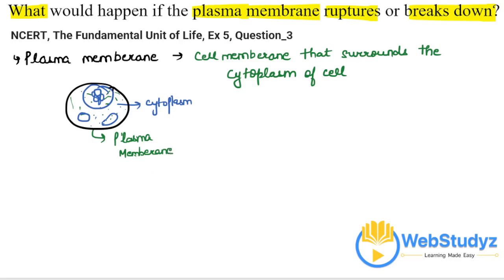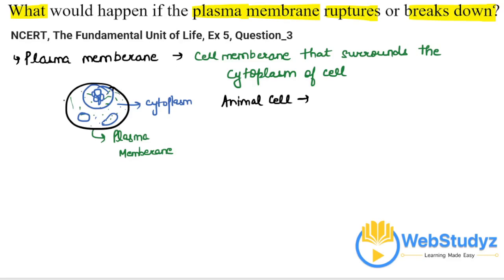So this plasma membrane is an outermost layer if we talk about an animal cell. In an animal cell we know that the cell wall is absent, so the plasma membrane is going to be the outermost membrane, beyond which the surroundings and environment will start.